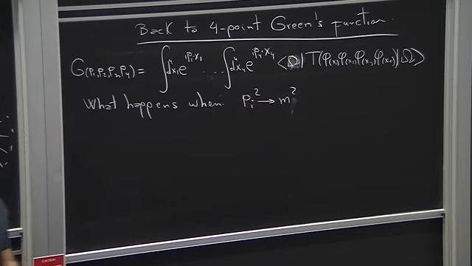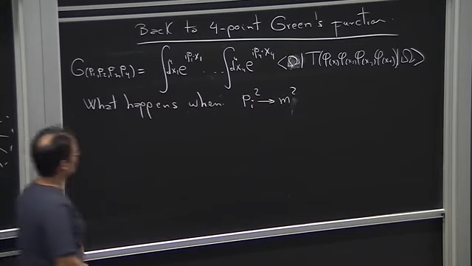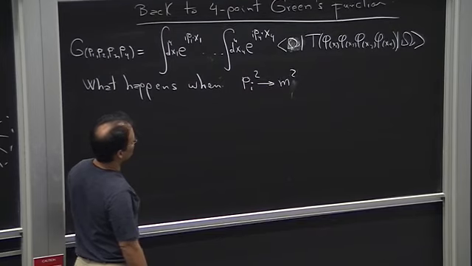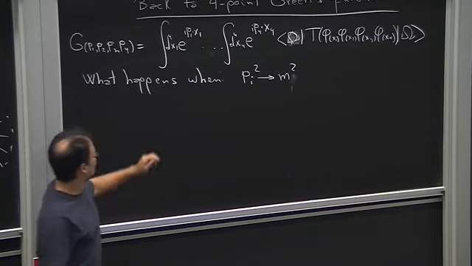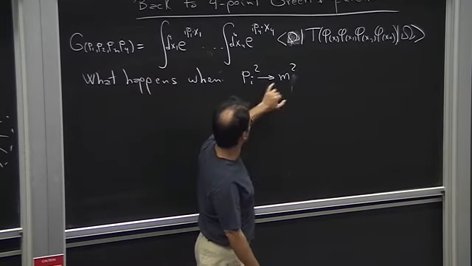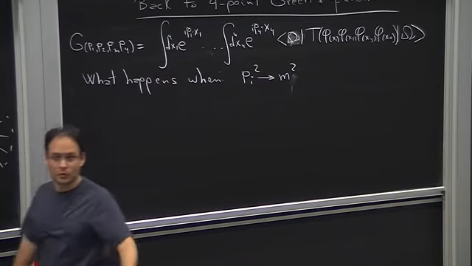Now, when we do this, you probably realize that there are diagrams that actually contain 4 poles. Some diagrams contain only 2 poles.